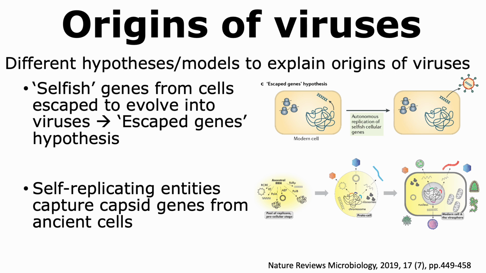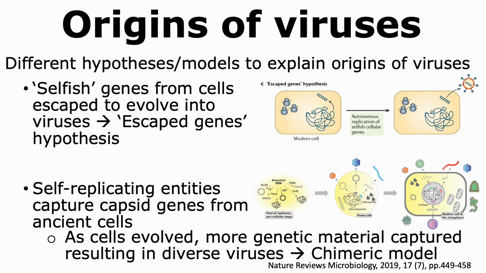But these self-replicating entities captured capsid genes from ancient cells. So thus, as the cells evolved, more and more genetic material was captured by these different viruses, resulting in the diversity of viruses that we see today. Thus, this is a combination of the escape genes hypothesis and the virus early hypothesis.